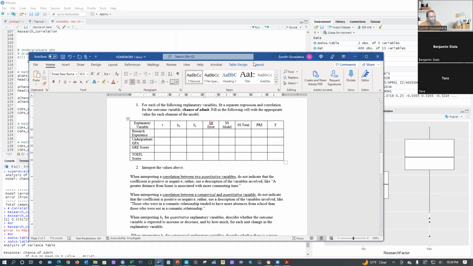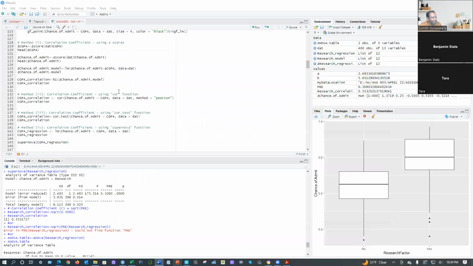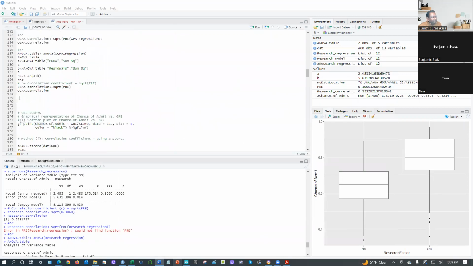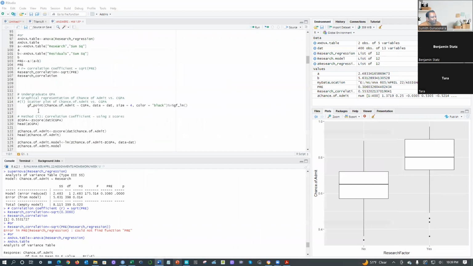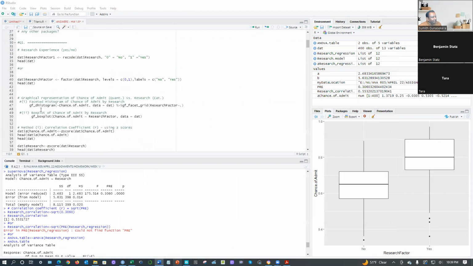You do the same thing with the simple linear regression, one variable at a time. See, the second one, this one, GRE score. This one you can say simple linear regression of chance of admit versus, what is the other one?